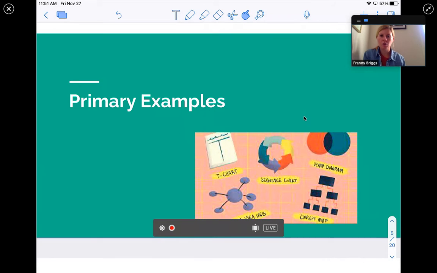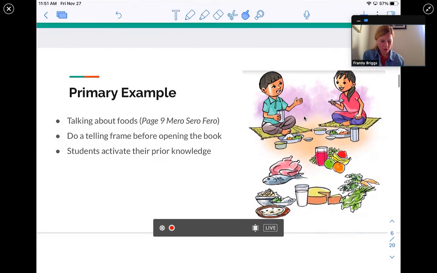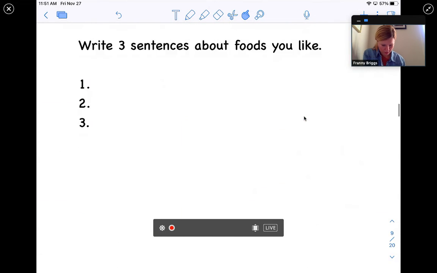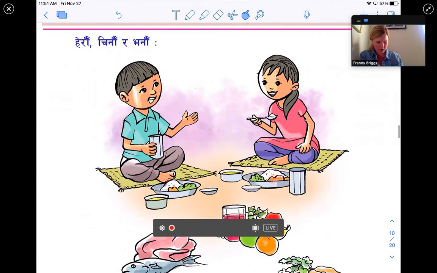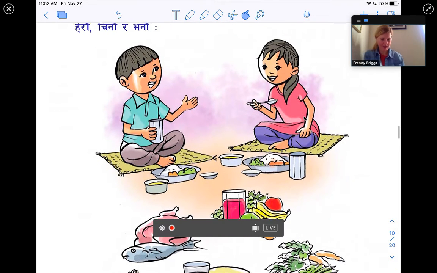Okay, so first I'm going to go through some primary examples. The first example I pulled from Miro Serrafero book on page 9, and it looks like this. Look at the foods. What are some foods that you like?